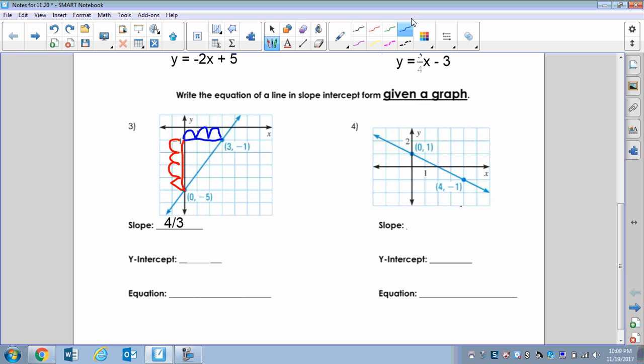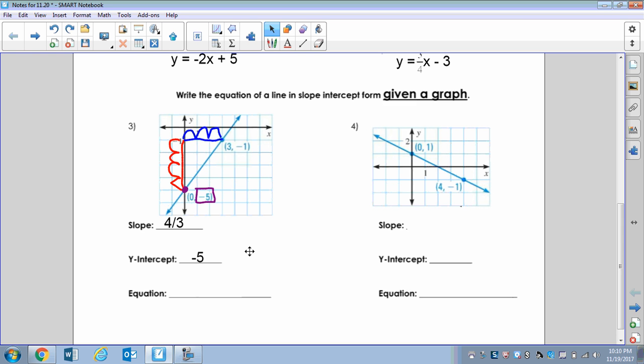Then our y-intercept is going to be found by locating the point that is on the y-axis right here, and this is our point right here at 0, -5. When looking at the y-intercept, we only want the y value when x is 0. So our y-intercept becomes -5.